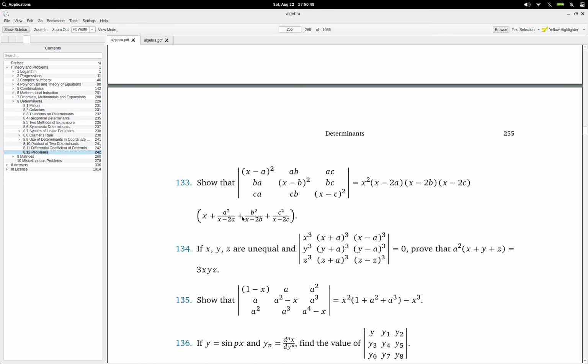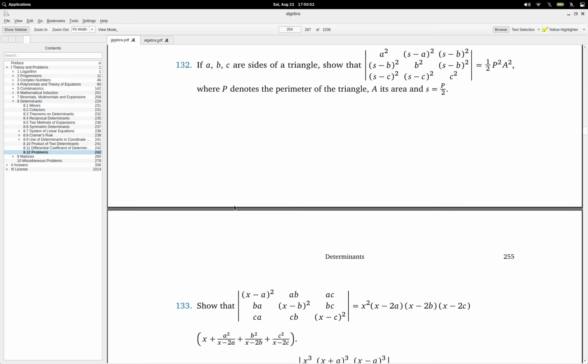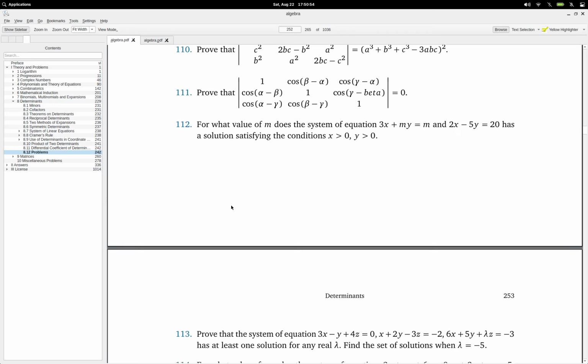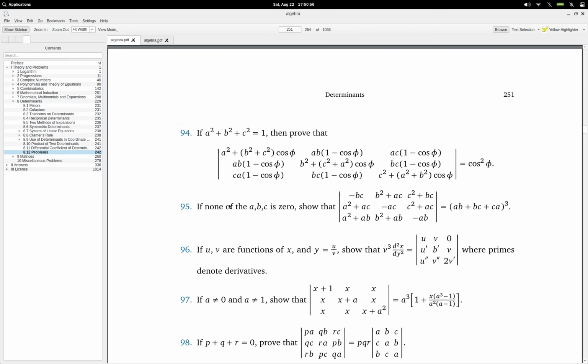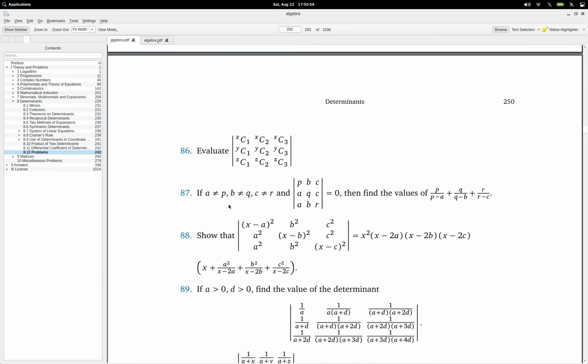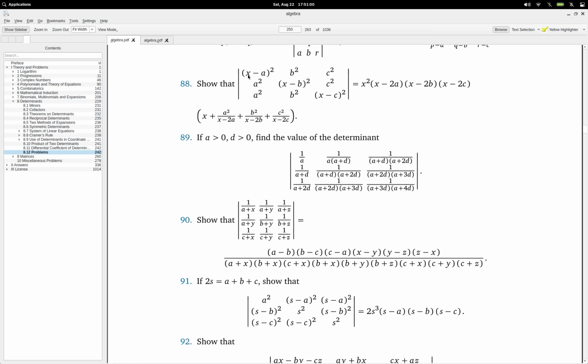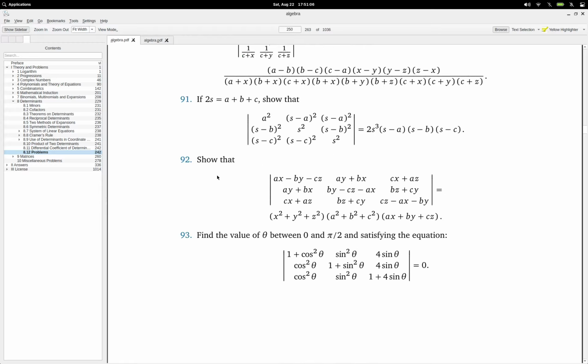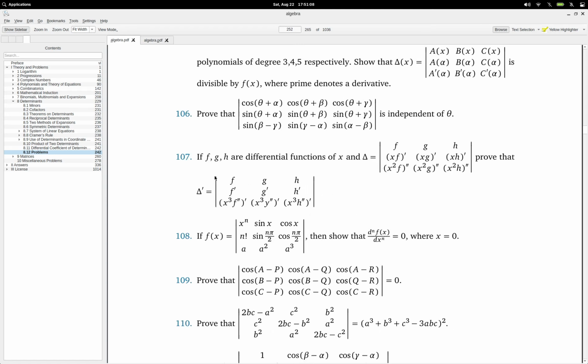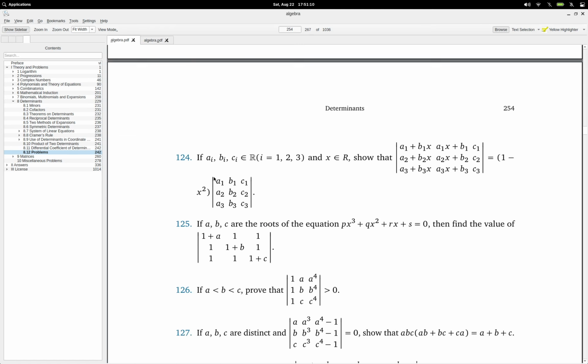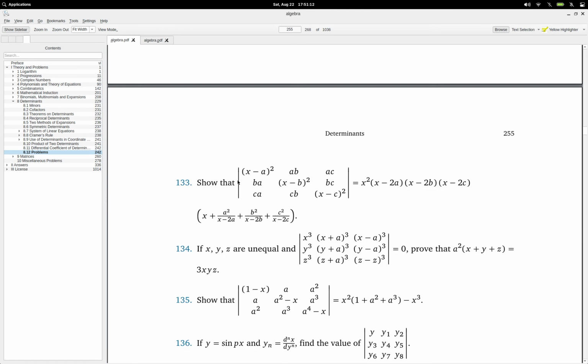So again we have to refer to a previous problem. So we look at problem 88 again. Some problems are variations of other problems. So this is problem 88. If you look at problem 88 and problem 133, you will see the similarity.